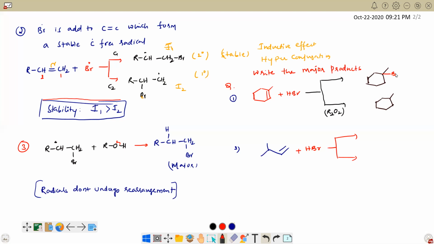Sir, in this case, Br will get added at the 3-degree carbon. And in the second case, Br will get added at the end of the chain. Correct? Yes, sir. Very good.